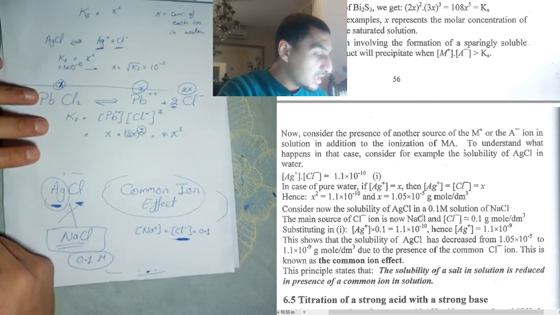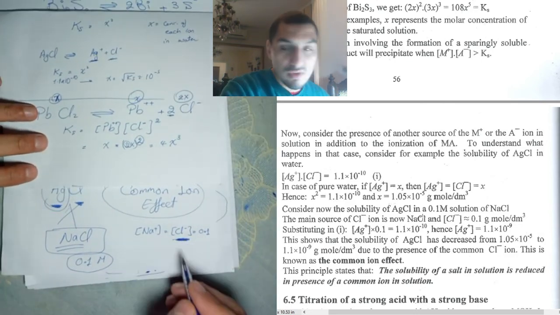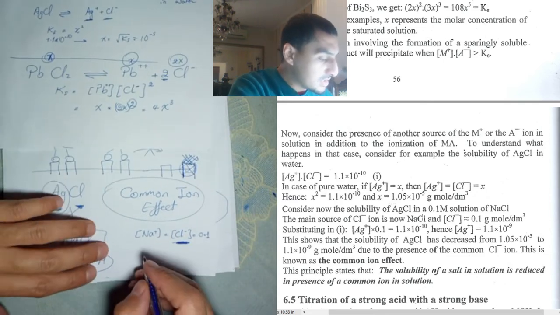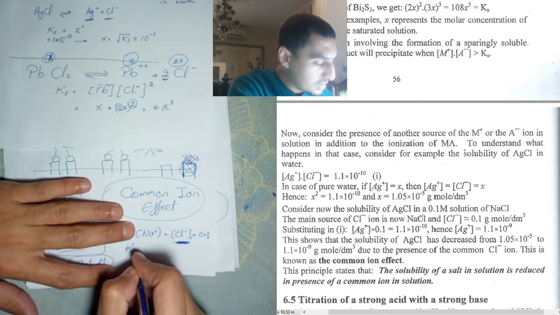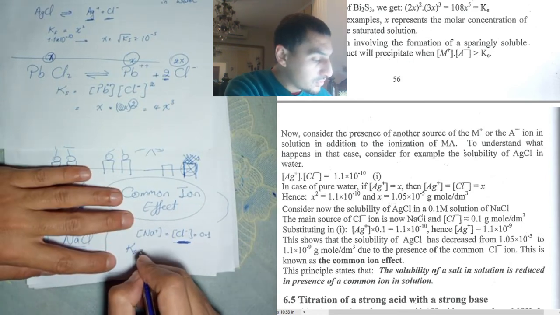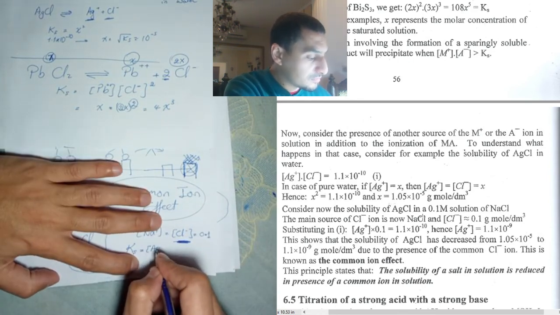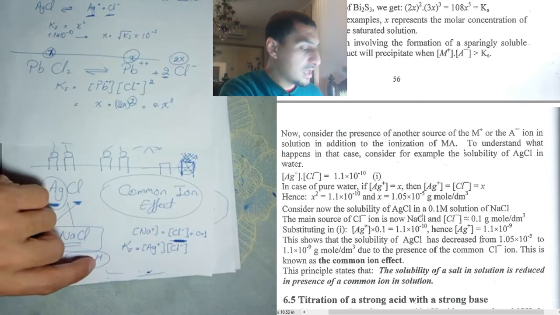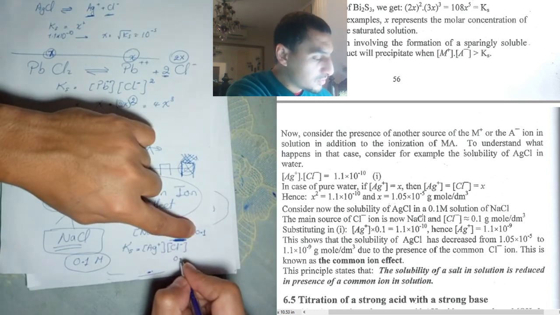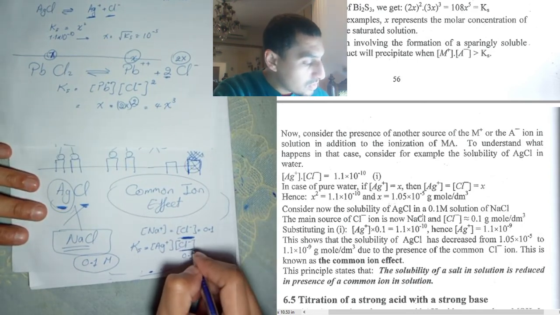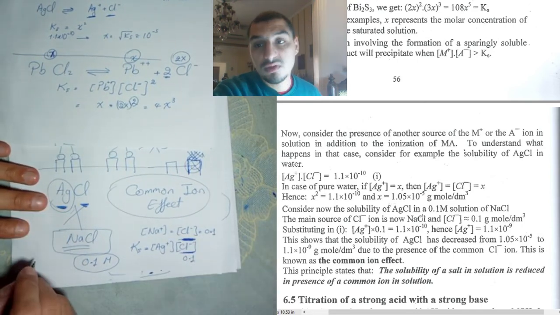But in this case, I have a different value for the concentration of chlorine ions. And in this case, the Ks for the silver chloride is going to be the concentration of silver multiplied by the concentration of chlorine ions. Now I have the chlorine is 0.1. I have this value not from silver chloride but from sodium chloride.